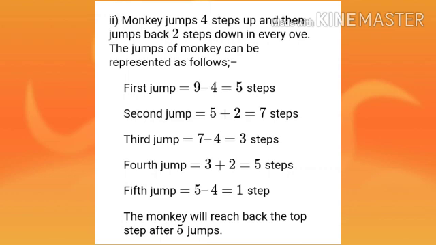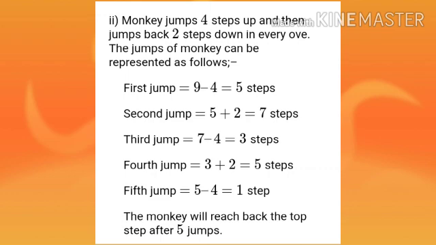Therefore, at the first jump the monkey is on the 9th step. When it moves up, which is represented by a negative sign, 9 minus 4 is equal to 5. Now the monkey is on the 5th step. From the 5th step, it jumps 2 steps down, then it reaches the 7th step, in the second jump.